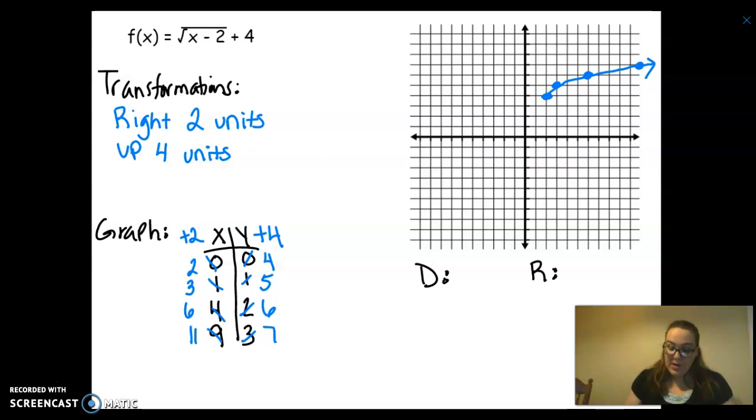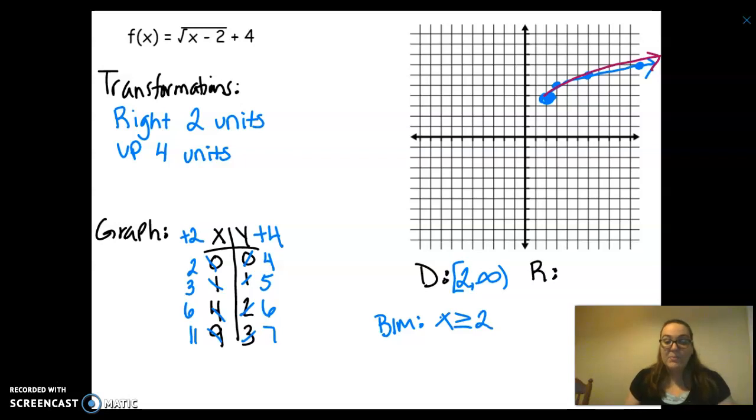Now, domain and range. Square roots have a starting and a stopping point, meaning they don't go in both directions. For the domain, it starts right there at the value of 2, and as it keeps moving right, it heads to positive infinity. Just a reminder that in Big Ideas Math, 2 to infinity means x is greater than or equal to 2.